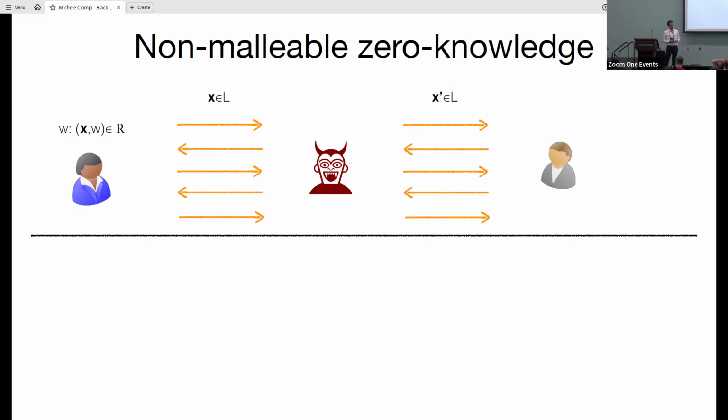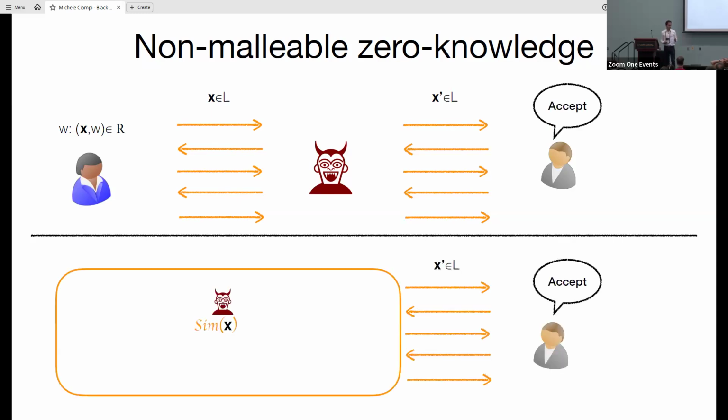What non-malleable zero knowledge guarantees is that if this adversary can convince an honest verifier about the validity of X prime, then this corrupted prover, this adversary, can do that even in the case where no honest prover is providing any proof to him in the left session.